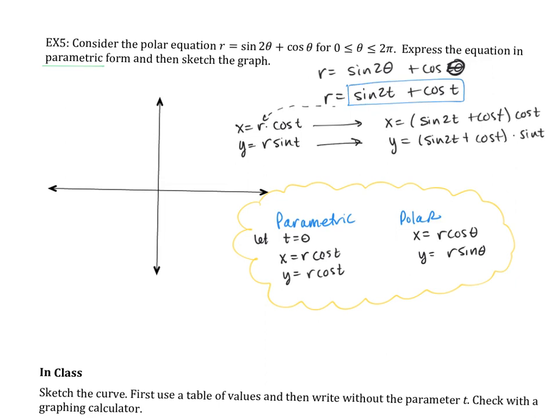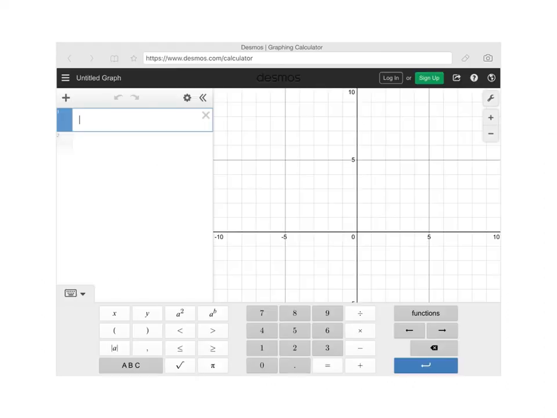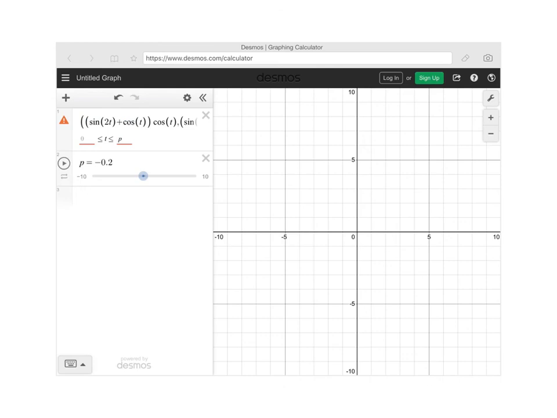And I'm not going to ask you to graph this by hand, although we could. That would be fine, right? You just plug in some different values of t at 0, at pi over 6, at pi over 3. We can do this, but we can go ahead and pull out our graphing calculator. All right, so it took me a little while to type all this into Desmos, and now we can see what happens over time as my theta, or as my t goes from 0 towards 2 pi.